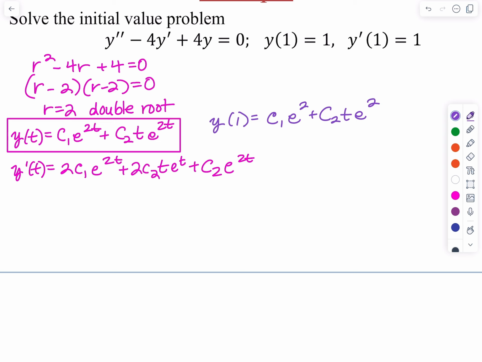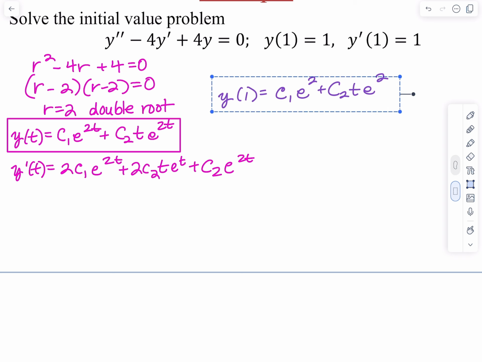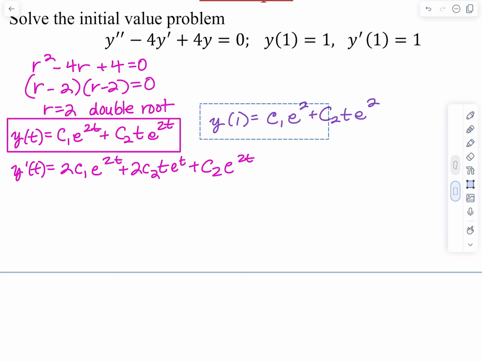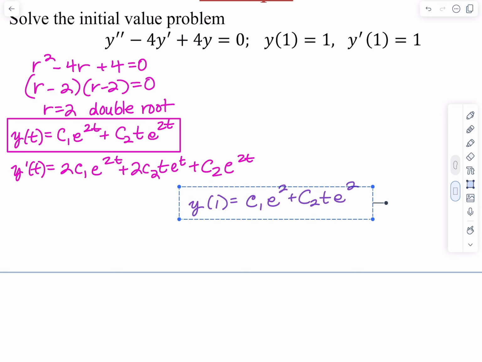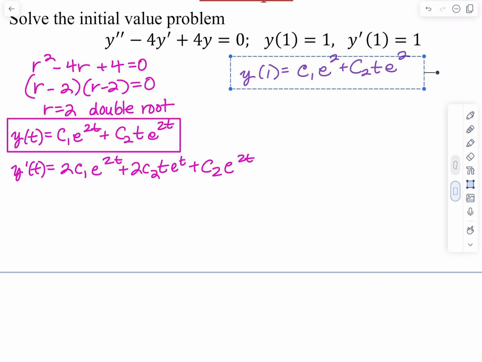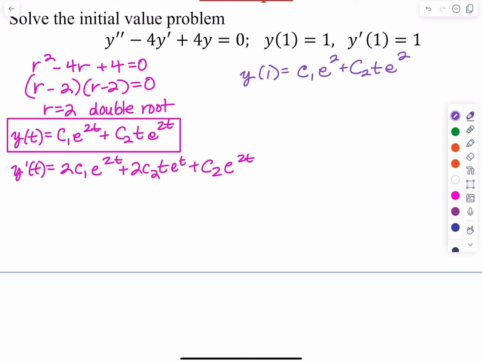And that is going to be equal to 1. I will go ahead and write that up a little higher. And that's 1 is equal to c1 plus c2 all times e squared.